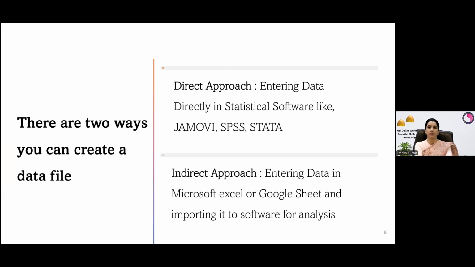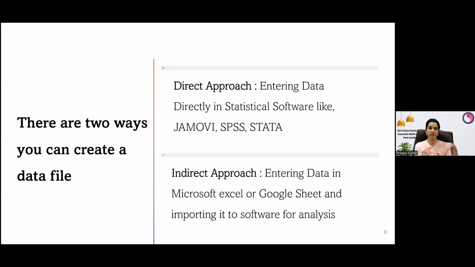So now, first is the starting point. There are two ways of doing data entry. You can have a direct approach, directly entering the data in Jamovi or SPSS or Stata, or you can use a Google Sheet or Excel sheet for entering the data. We always recommend using a spreadsheet, Excel sheet or Google Sheet for this purpose, because then you can import the data into any software.